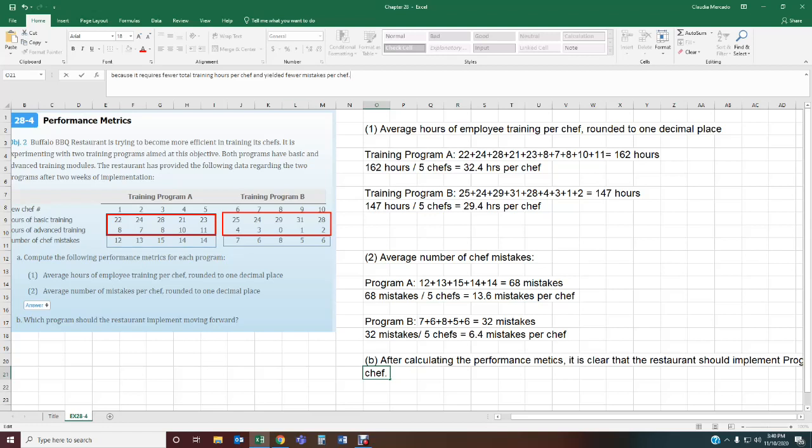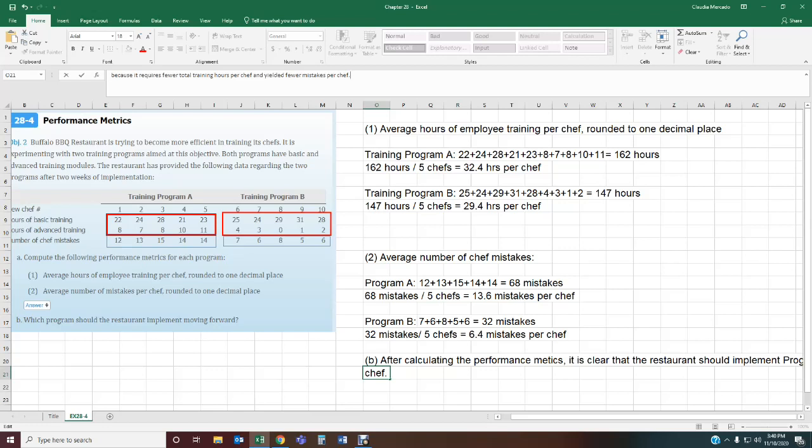What we're doing here is they just provided you two different training programs. They gave you the number of basic training hours and advanced training hours and the number of mistakes made by each person. Using this data, we have to get the average hours of employee training per chef, rounded to one decimal place, and then the average number of chef mistakes. Once we run all of those calculations, those are going to be the solutions.